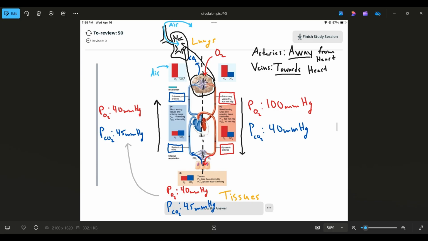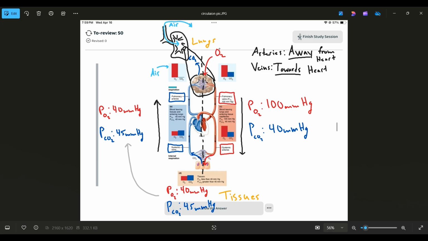So if you remember, we talked about how gas wants to move from a place of high pressure to a place of low pressure. In this instance, the place of high pressure is the pulmonary artery right here, and the place of low pressure, where the CO2 is going to want to move, is just the air in the lungs. That's why it moves out.